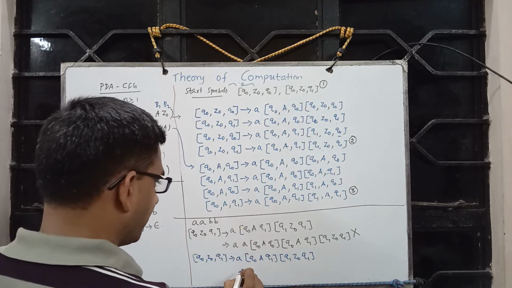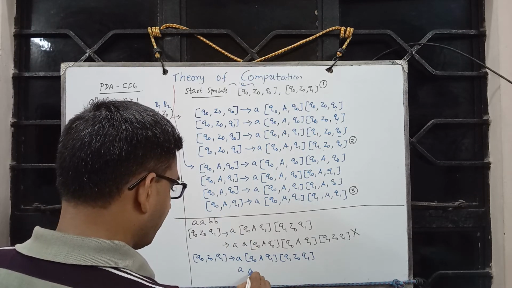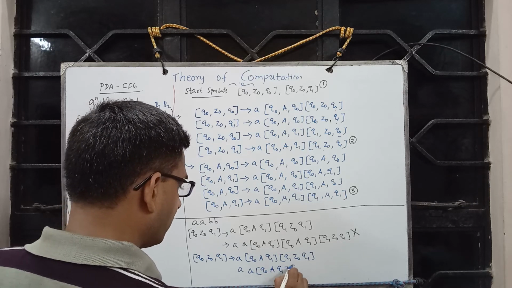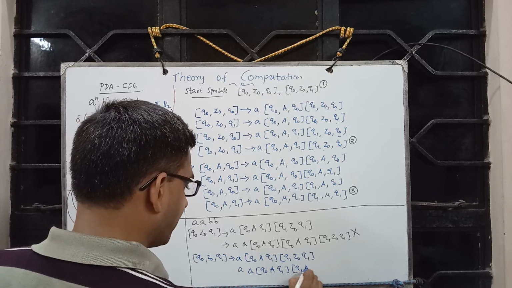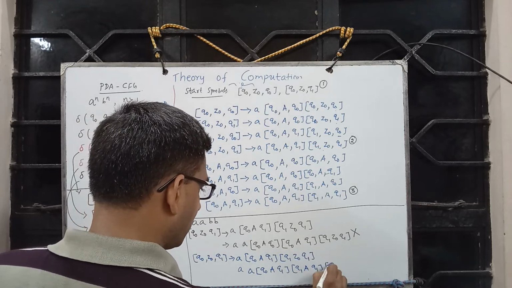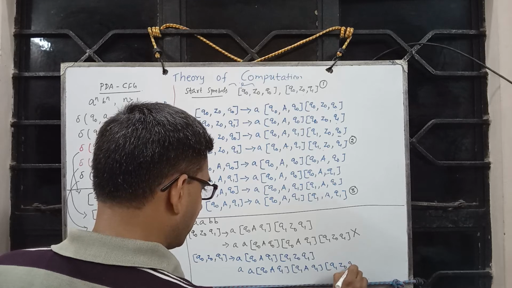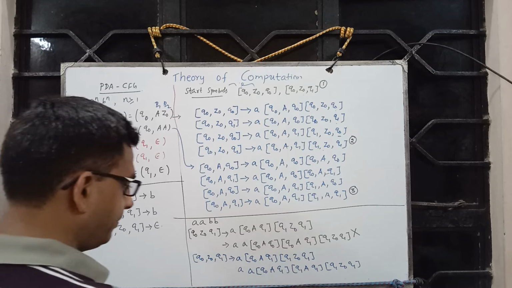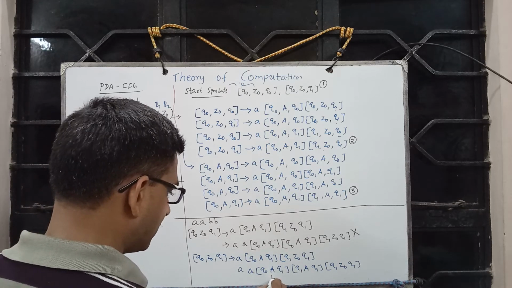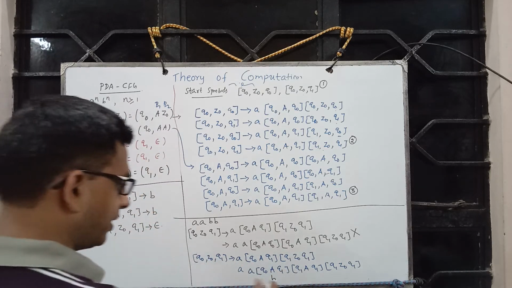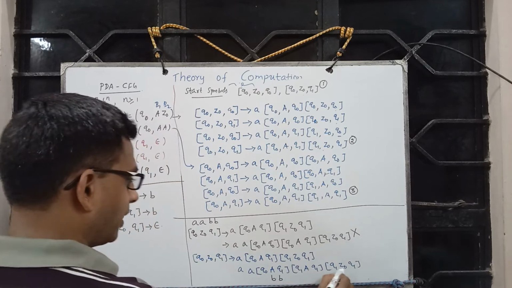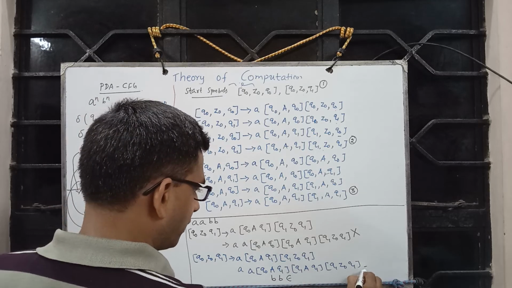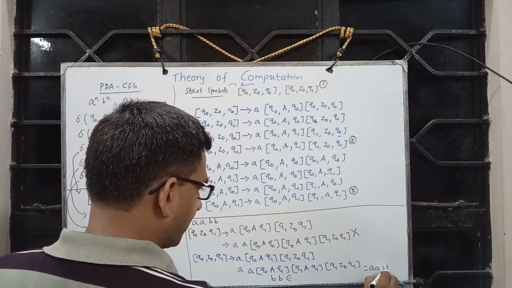Then for Q0, A, Q1, we employ this rule Q0, A, Q1, Q1, A, Q1 followed by Q1, Z0, Q1. Now Q0, A, Q1 is B. So we get B for this. Q1, A, Q1 is B. Q1 Z naught Q1 is epsilon. So therefore we get AABB.